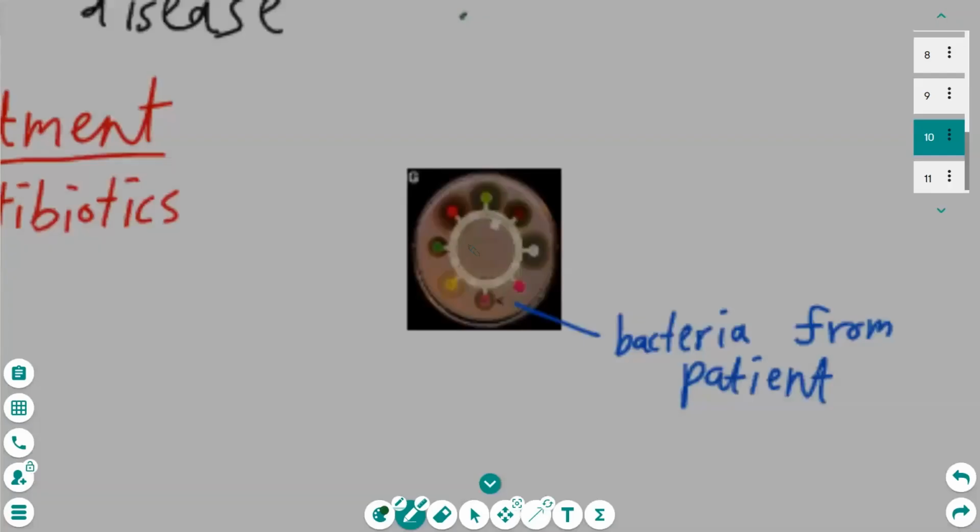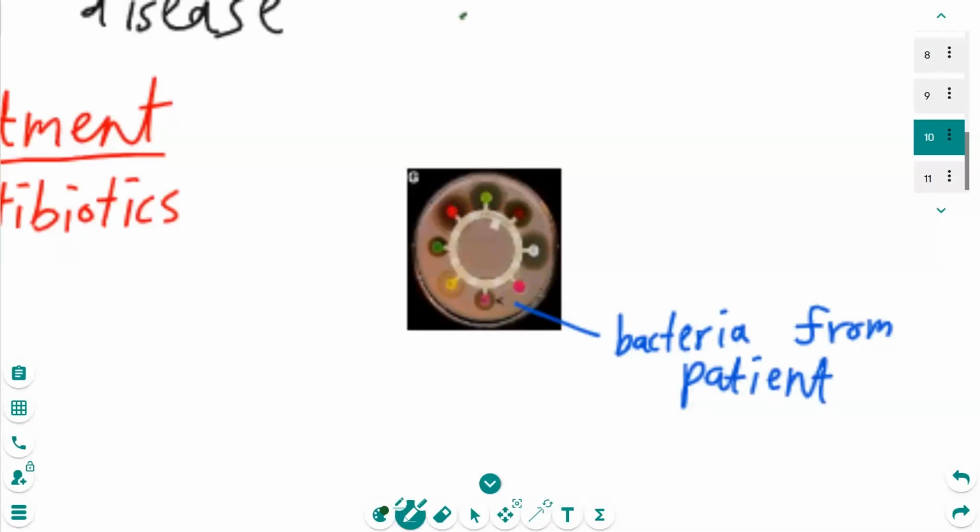Here you can see, for instance, that these ones are effective against this particular species of bacteria, as they have a clear zone around them, which shows that the bacteria is not growing there because it's being killed off by this antibiotic.